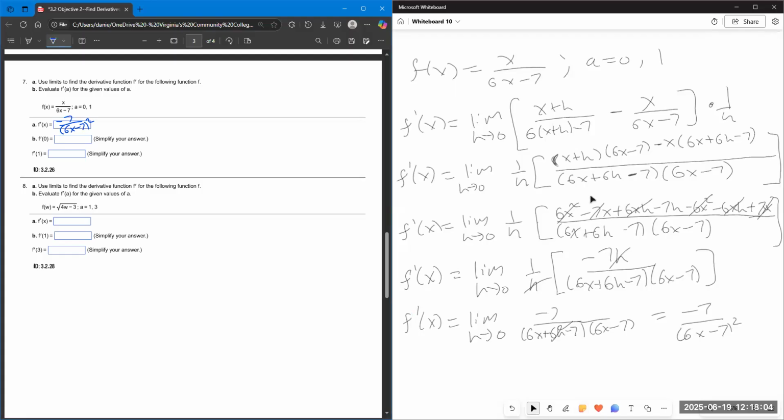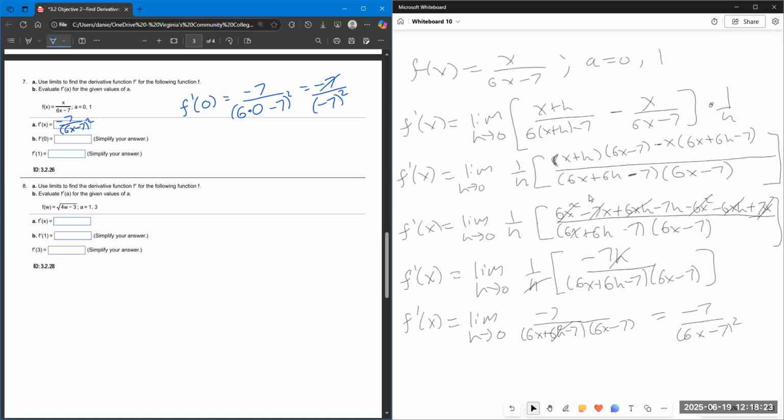So let's go ahead and plug in 0 into the derivative. That will be negative 7 over 6 times 0 minus 7 squared, which is negative 7 over negative 7 squared.